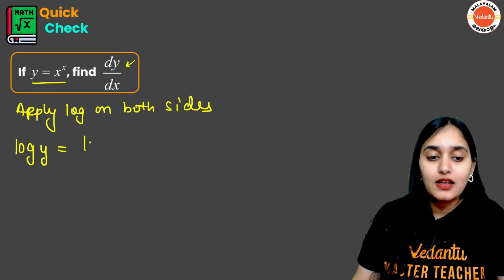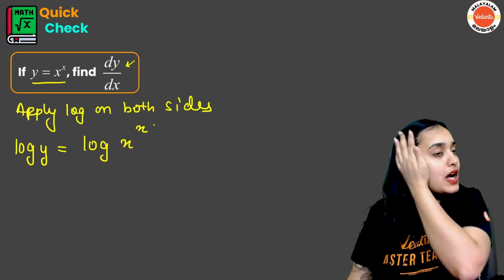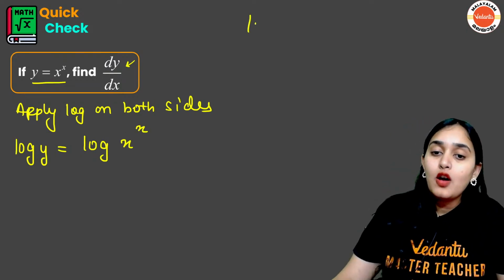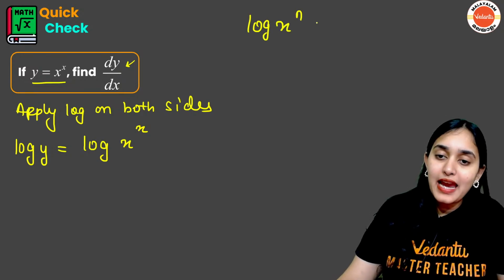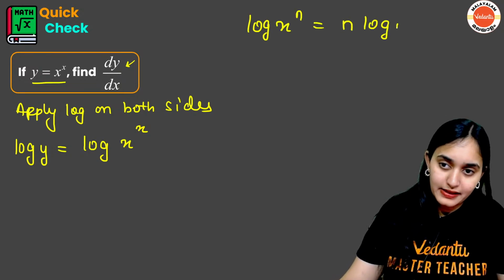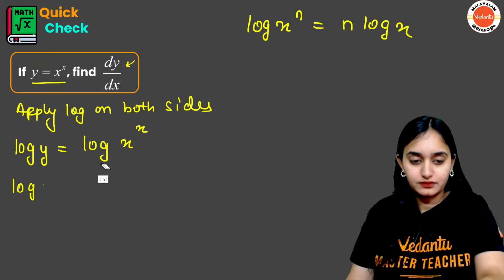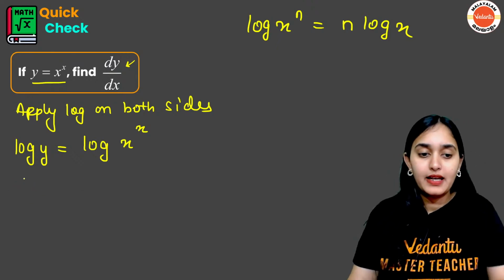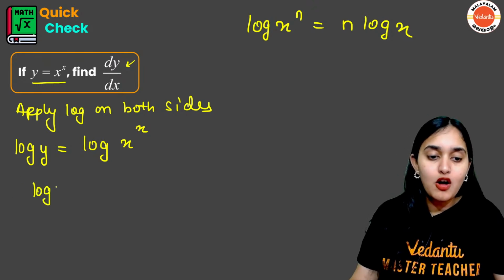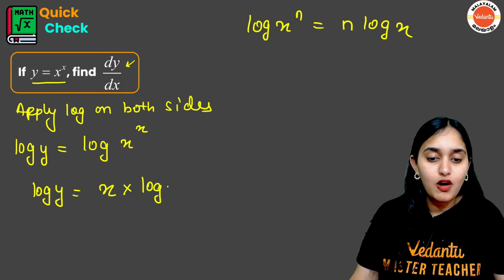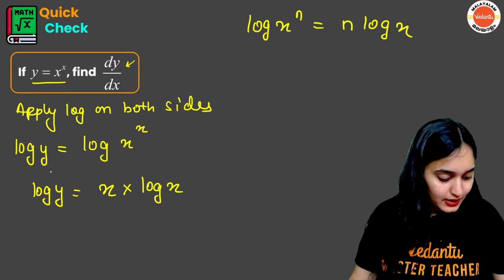Log y is log x to the power x, right? Now we know that log x to the power n is n log x. So this will become log of y is x into log of x, right?